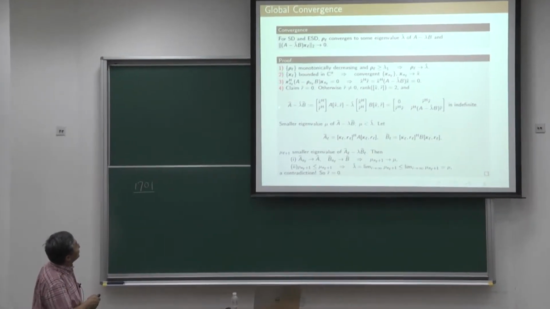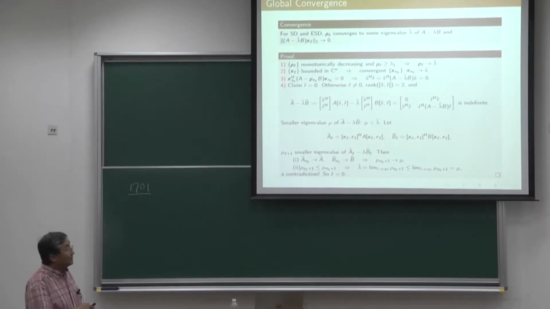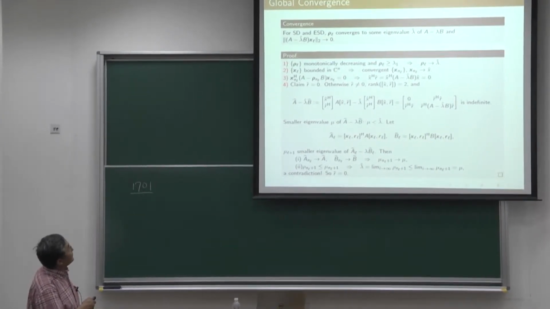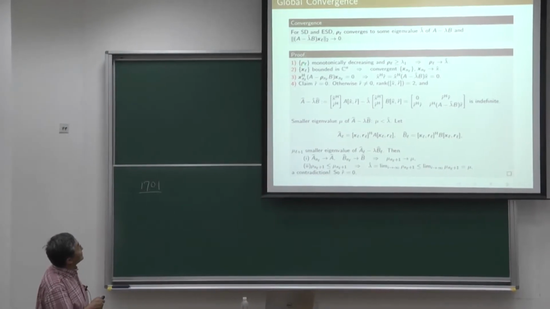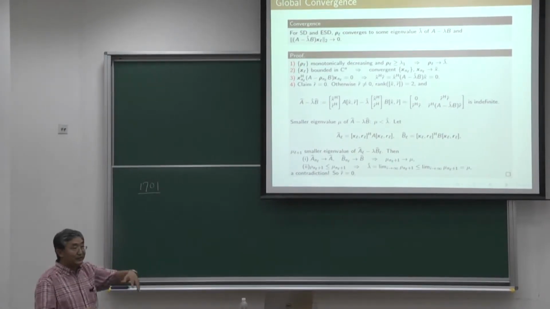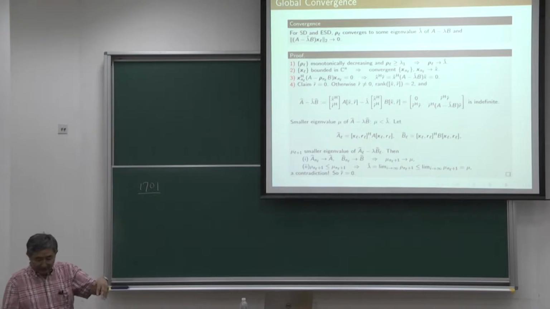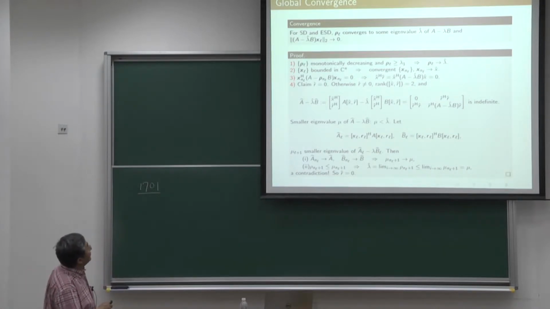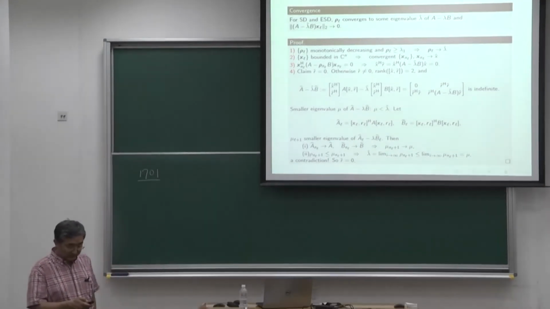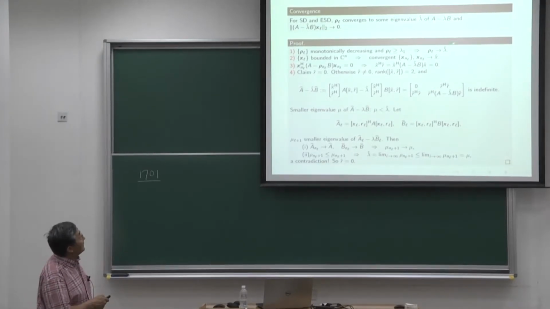Here I list 4 steps to make it easy to understand. First of all, each approximation, because we're minimizing the function, every step the rho is going to decrease and cannot increase. And yet this rho is always bounded from below by the smallest eigenvalue, because you are searching in part of the space. Therefore, this rho is going to converge to something.